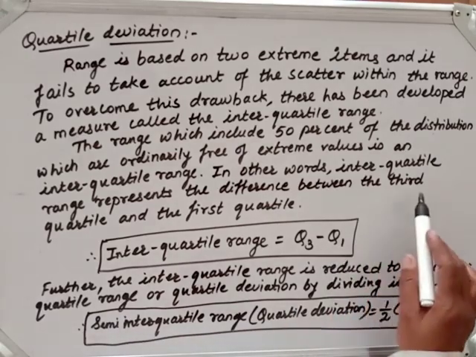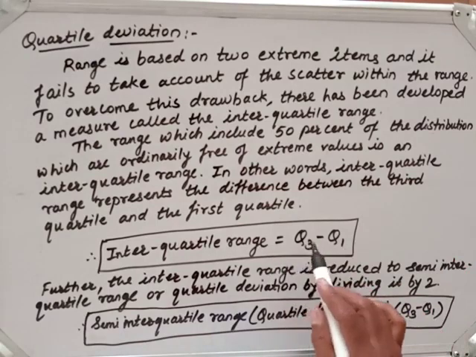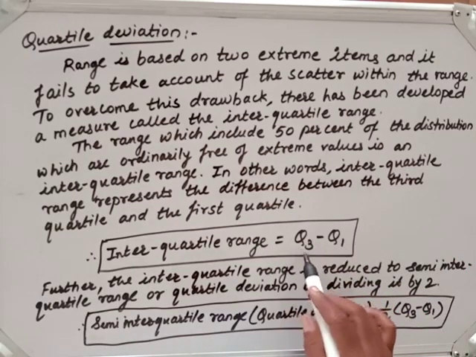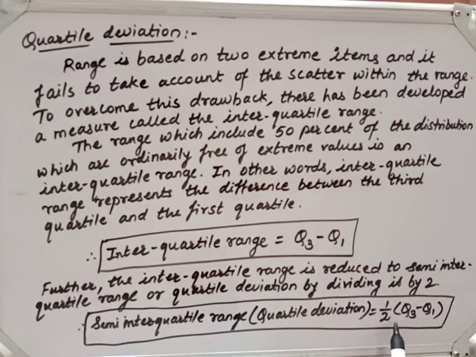You know very well the Q3 and Q1 from the previous chapter. We have already learned the quartiles in that chapter. So here this semi-quartile range, where Q1 is the first quartile, Q3 is the third quartile. Fine. Now this quartile deviation is an absolute measure of dispersion. Let me write down that thing here.